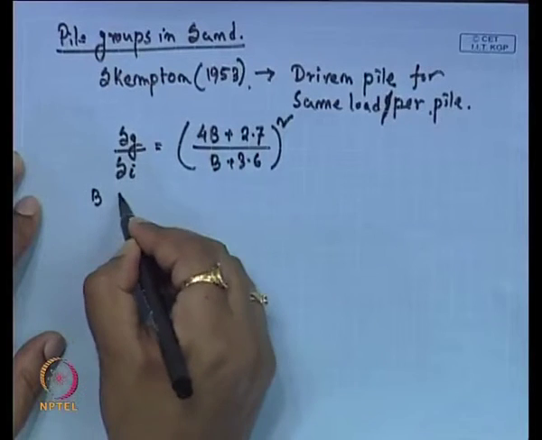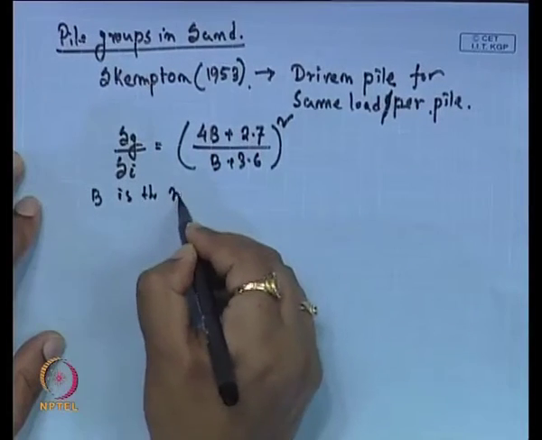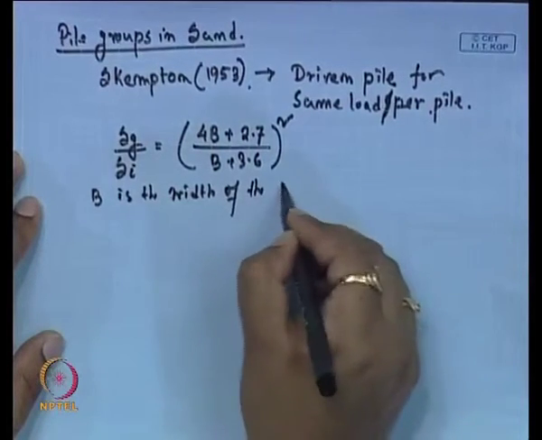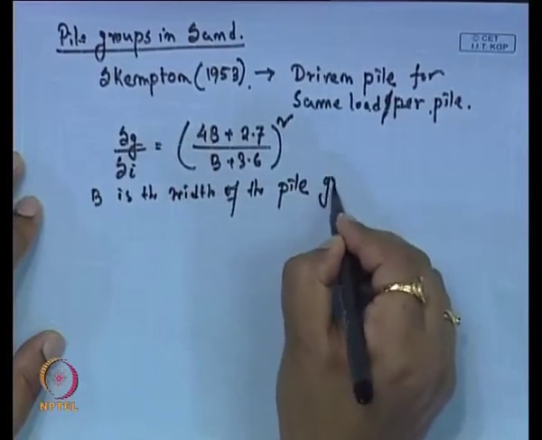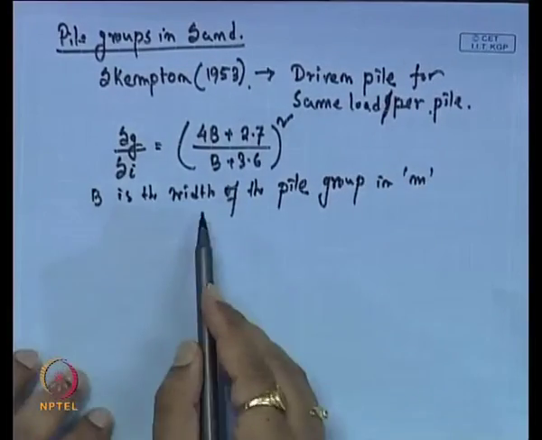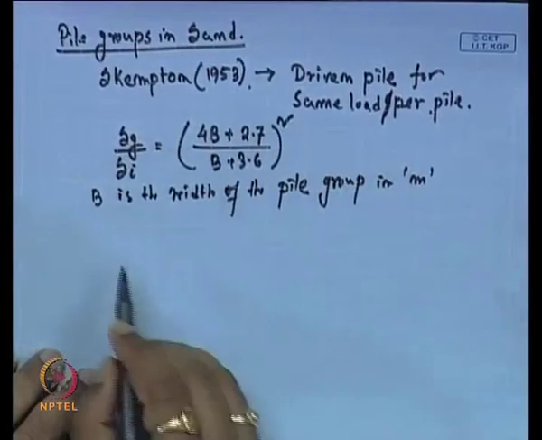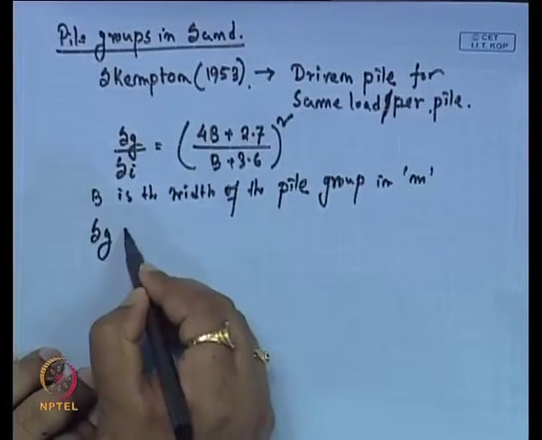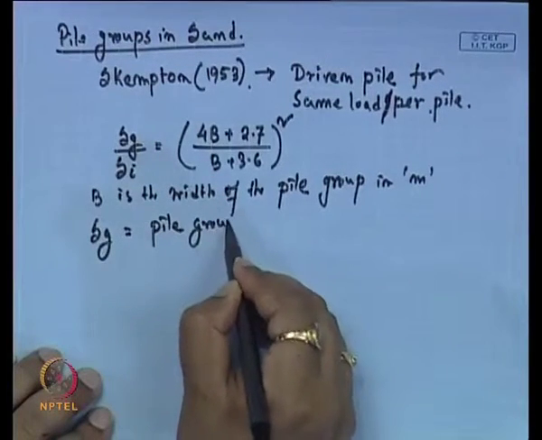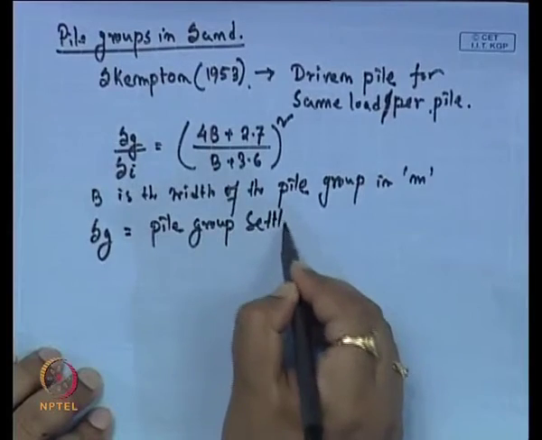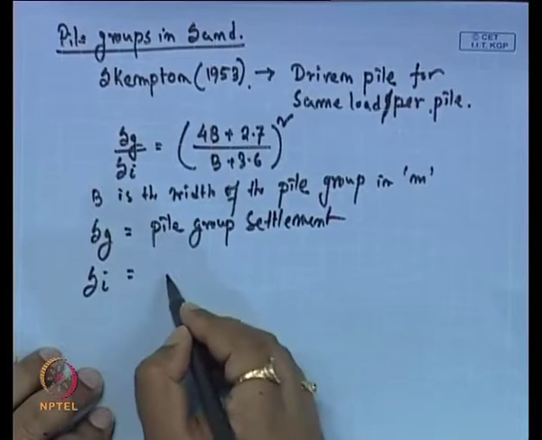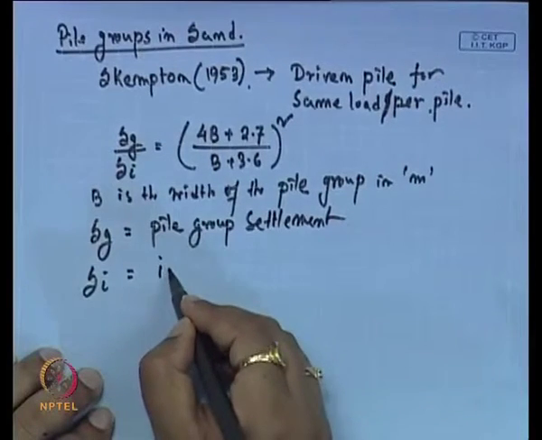Here B is the width of the pile group in meters, S_G is the pile group settlement, and S_I is the individual pile settlement.